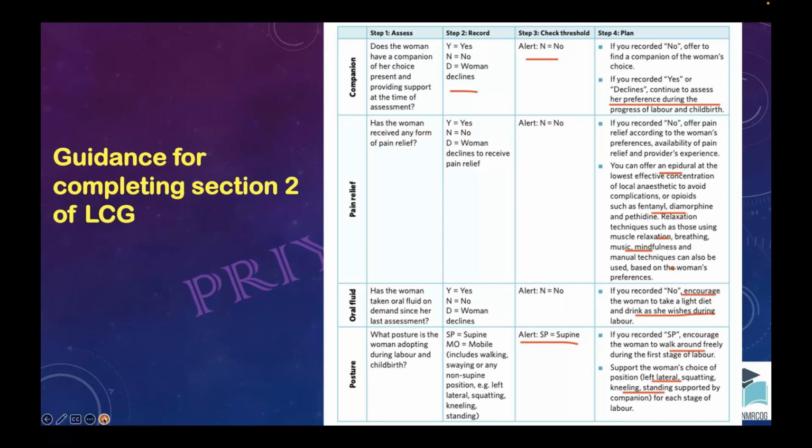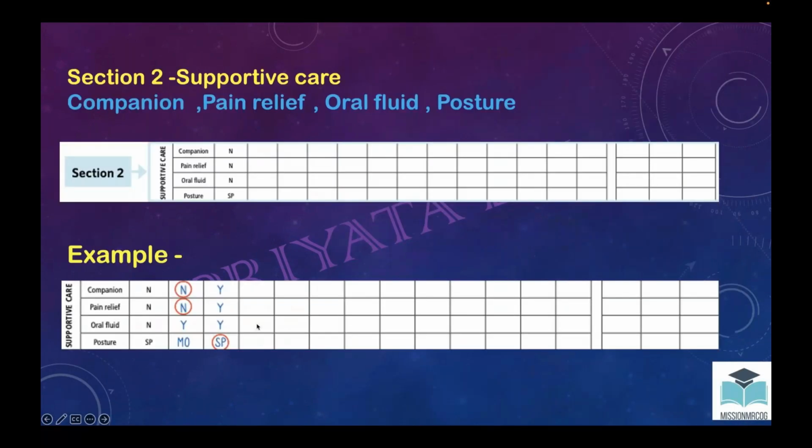Now this is the example of a filled section 2. Companion N was an alert, so they have put it in red. The pain relief was N, so they have put that N. Apart from this, oral fluid Y is fine, so they have not put anything.